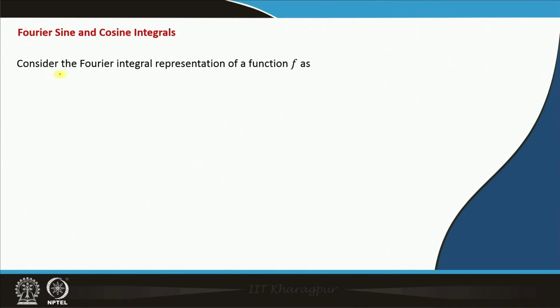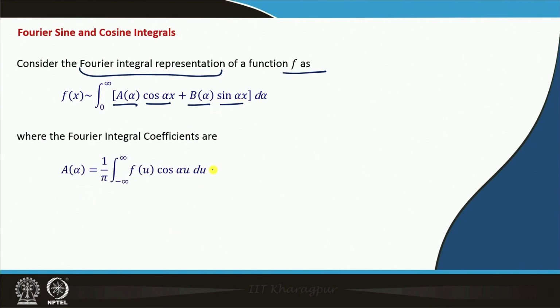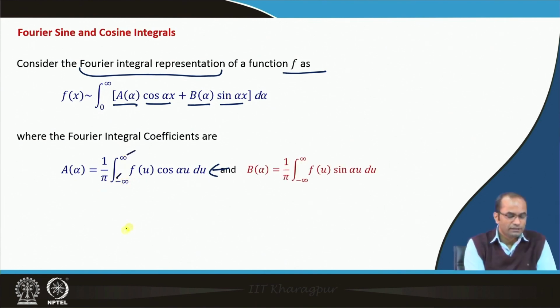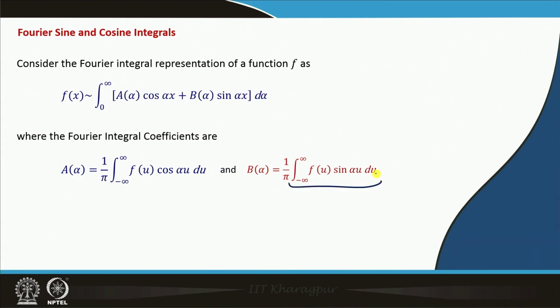In the last lecture we have seen that the Fourier integral representation of a function f is given as the integral of a alpha cos alpha x plus b alpha sin alpha x d alpha, where these Fourier integral coefficients a alpha and b alpha were given by these infinite integrals from minus infinity to plus infinity, and b alpha was given again by this improper integral from minus infinity to plus infinity of f u sin alpha u d u.